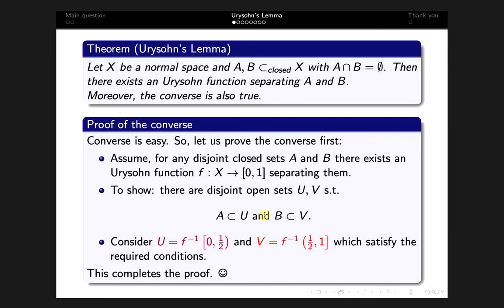And as f is a separation of A and B, f of A is the singleton set 0.